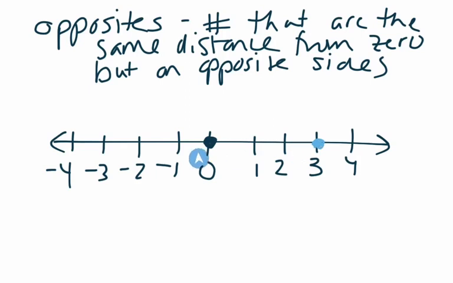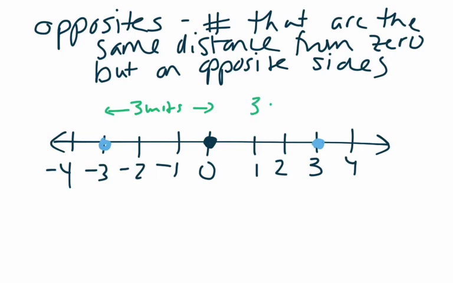Now, I can also count the same distance in the other direction. Because remember, opposites are numbers that are the same distance from 0, but on opposite sides. So I went 3 units to the right. Now I'm going to go 3 units to the left. 1, 2, 3. And notice that this is 3 units.